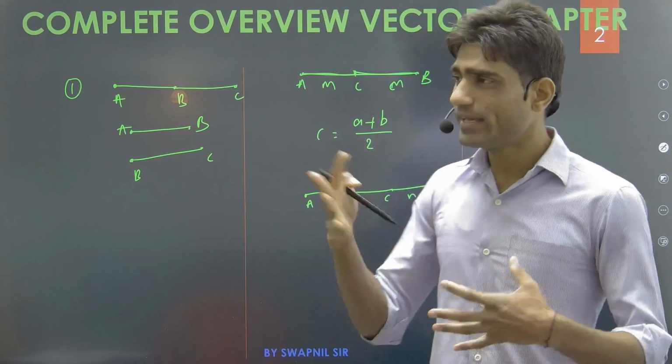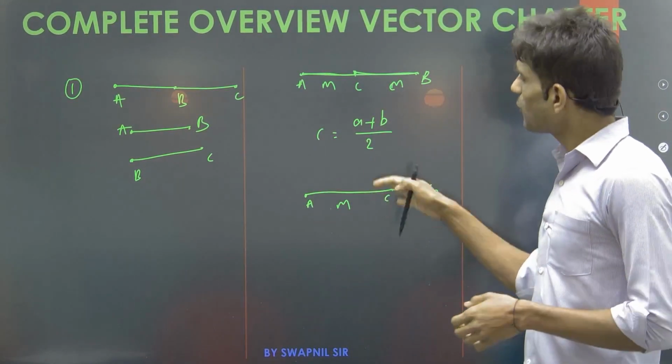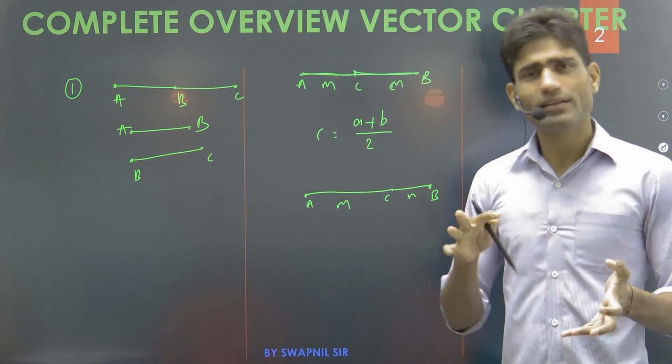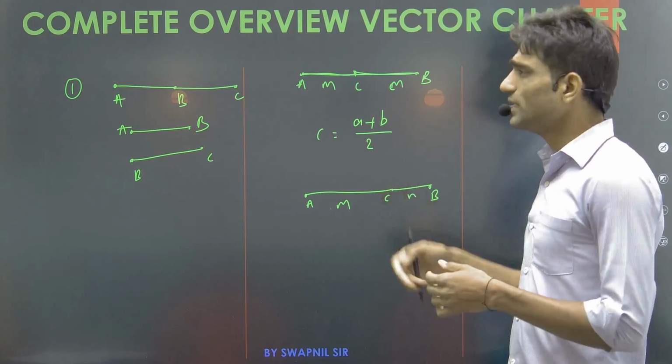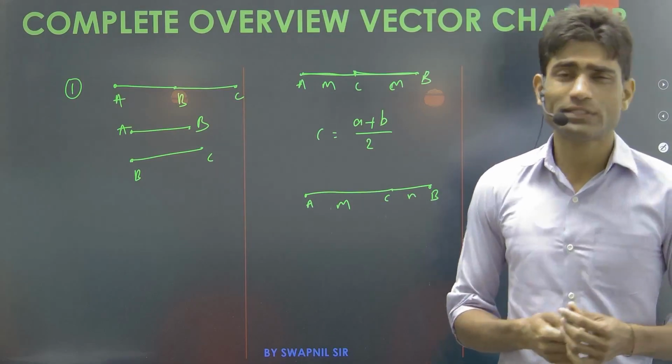There are two conditions: point C can divide our line segment internally, or it can be divided externally. So this is the internal and external division for the section formula.